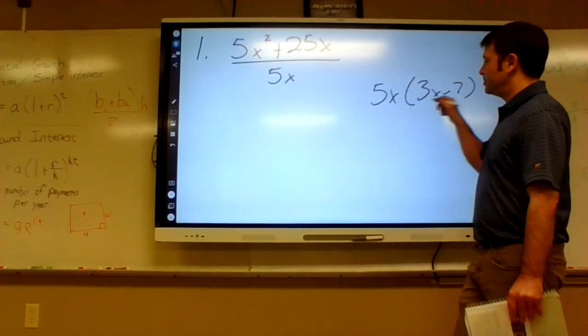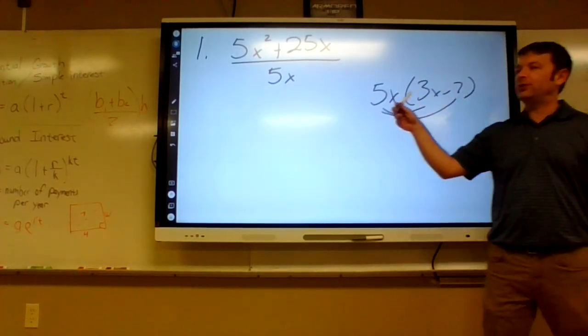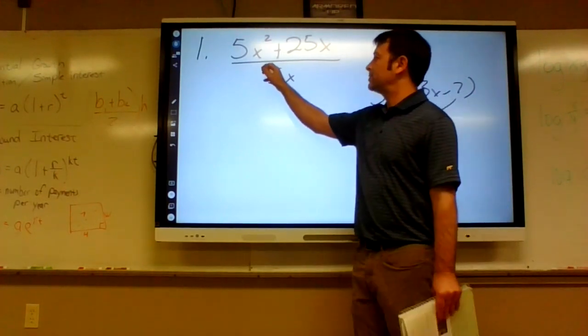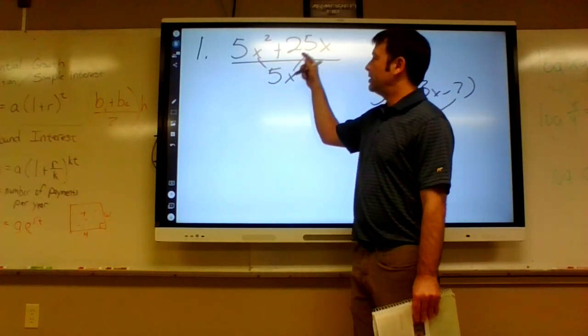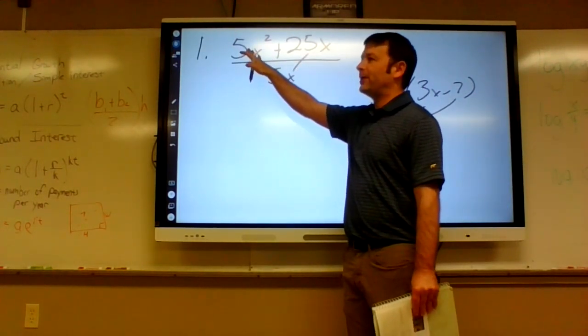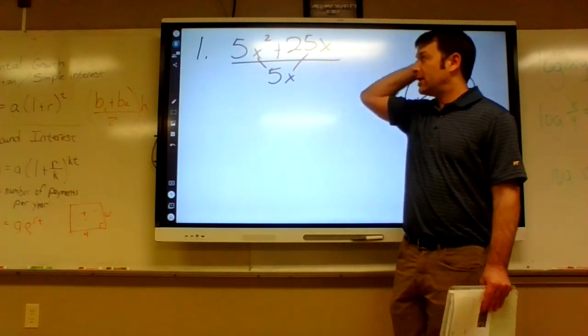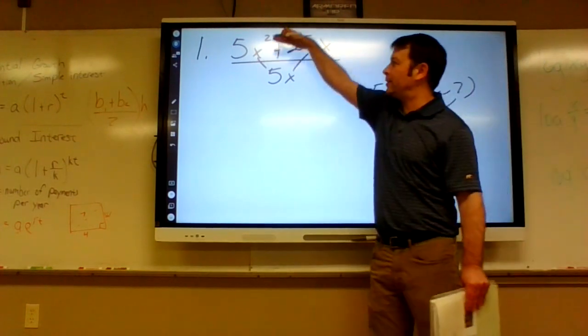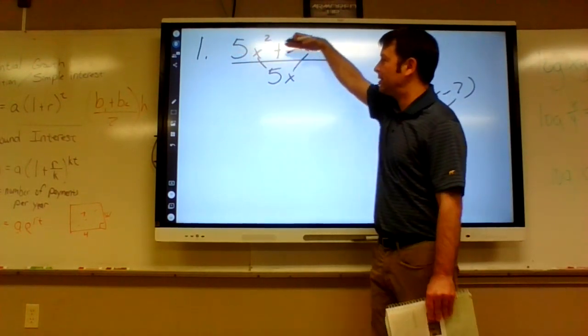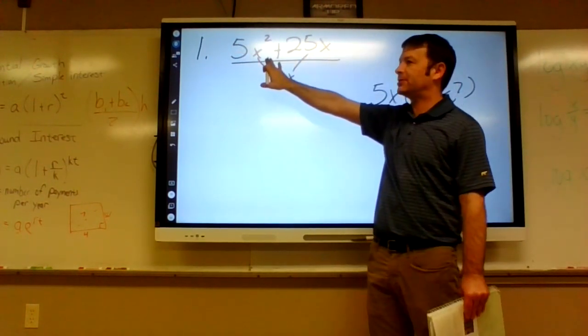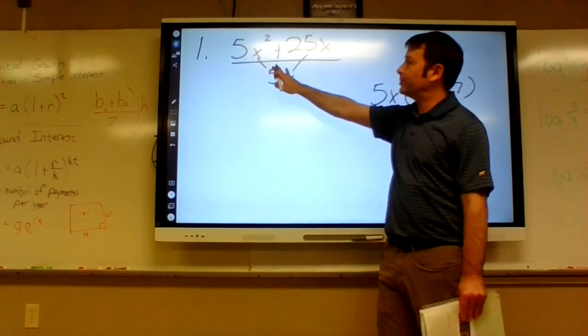This is distributive property. So this is also distributive property, but it's division. This doesn't mean just divide one of these things by 5x, it means divide the whole thing by 5x. I wrote it vertically instead of horizontally like the book did because I think this is a little better visual.